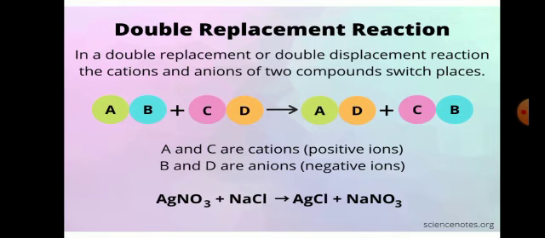From the image you can see AB combining with CD, and in the end product you can see AD plus CB. Here D has replaced the place of B in the aqueous solution AB, and B goes to the place of D in the aqueous solution CD.